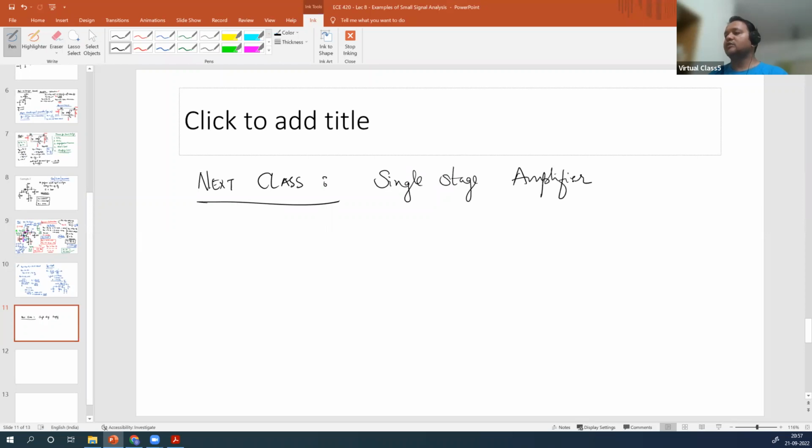Where we will learn about common source, common gate, and common drain amplifier topologies, single stage. Right? Once we do this, you will understand many, many more new applications here. We will understand what are the ways connections have been done.